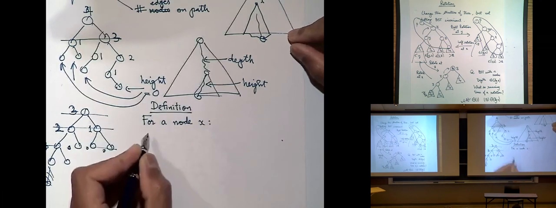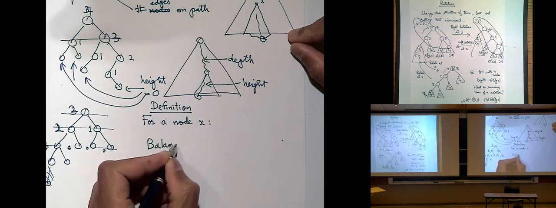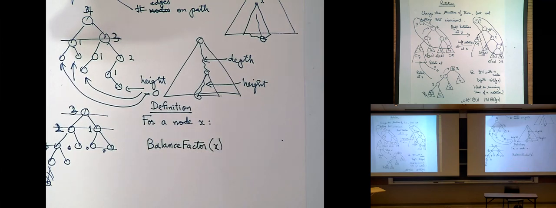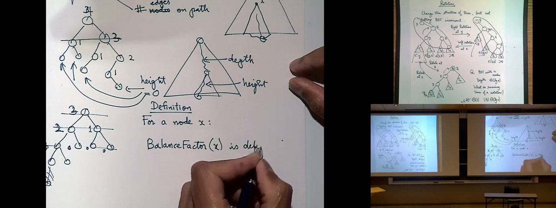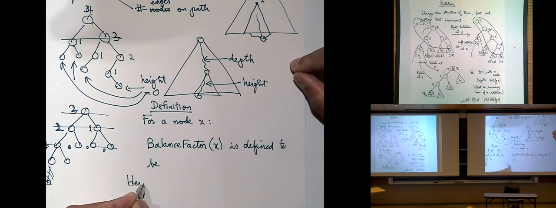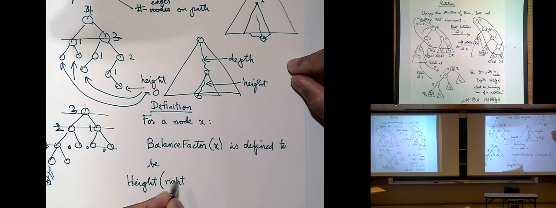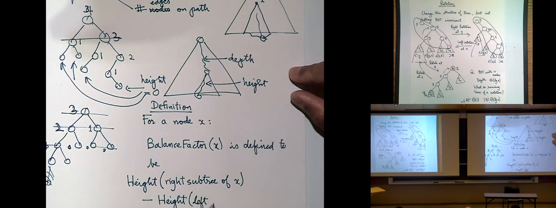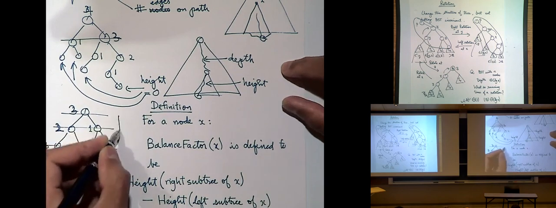For node x, the balance factor at x is defined to be the height of the right subtree of x minus the height of the left subtree of x. Okay?